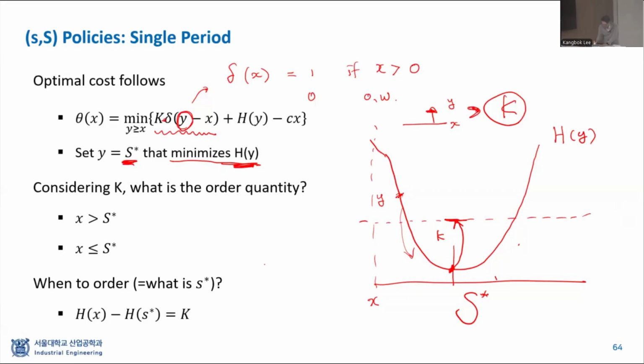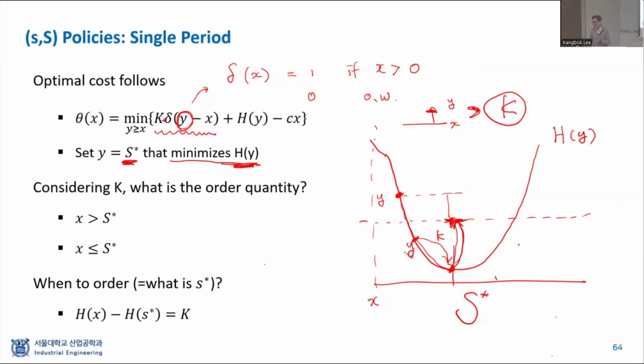So for example, if you are here, then it's still good to go to this, because even if your cost goes up a little bit here, this is still better than your initial position. However, if you happen to be here, this is a new case that never existed. If you are here and you go here, then you have to pay the K cost, and your resulting cost is actually higher than your initial position, right?